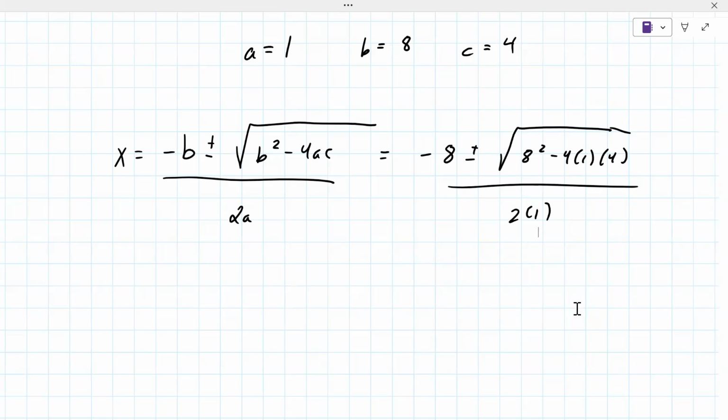Here we go. Not what I needed. Here. Okay. Let's put in 8 here. Get a closer view. 8 squared.